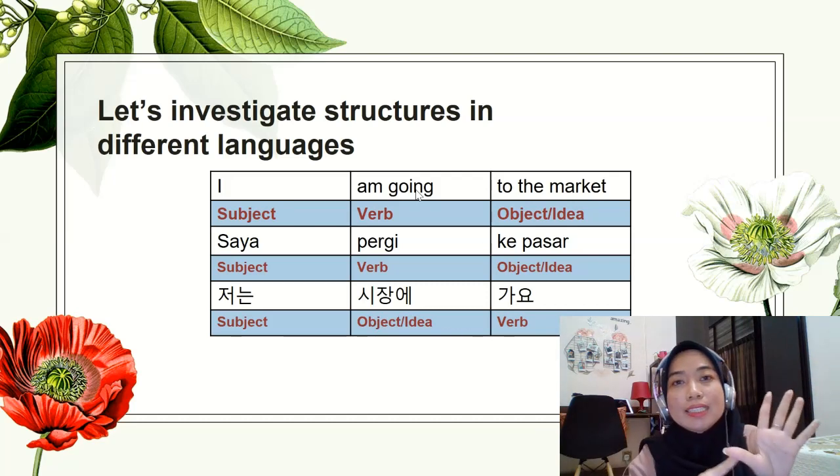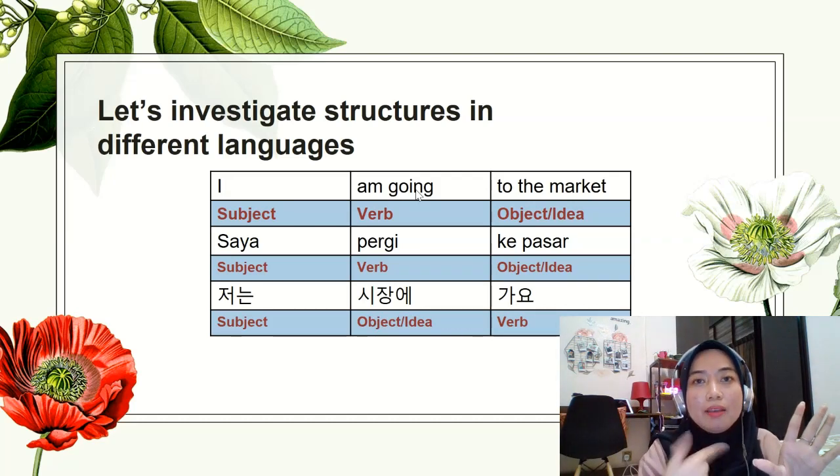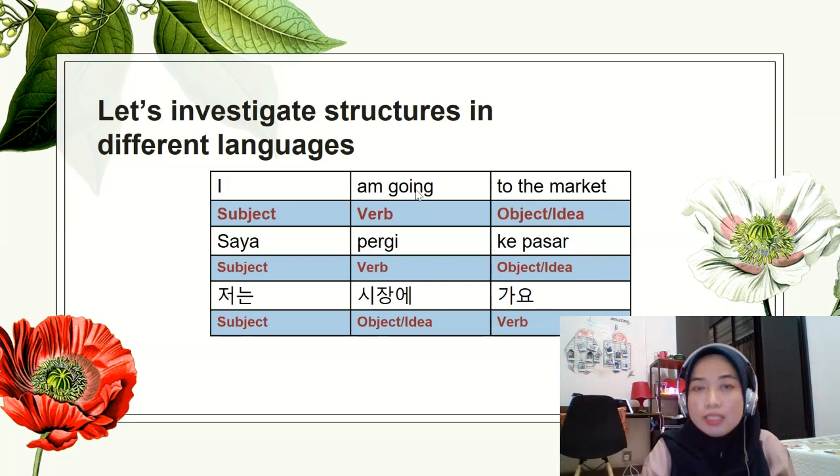I here is the subject. I, subject, a person. Am going means verb. So these two are verbs. To the market. So I, the person who's doing the action, is the subject. I am going. What kind of action is that person doing?